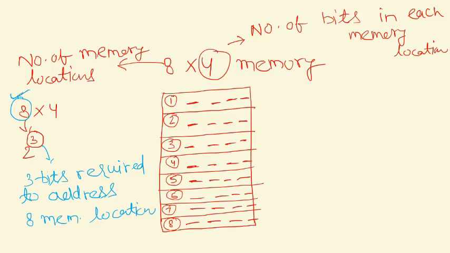To allocate these memory locations, we require 3 bits. So 3 bits are required to point out the address of these 8 memory locations.